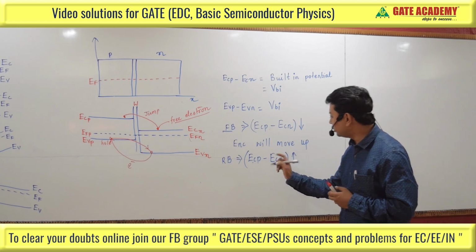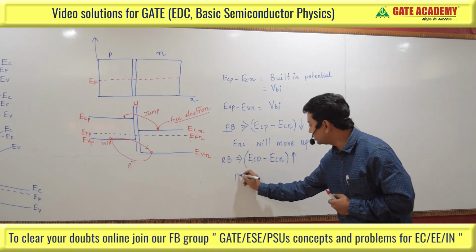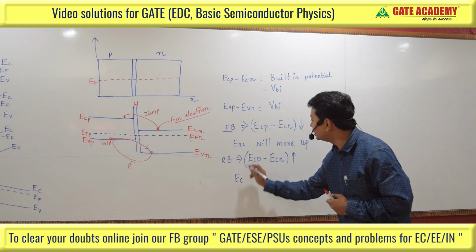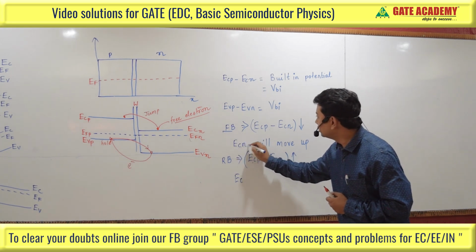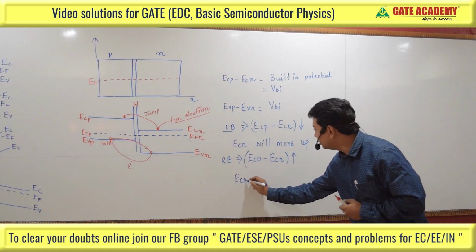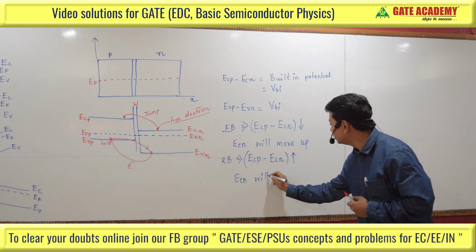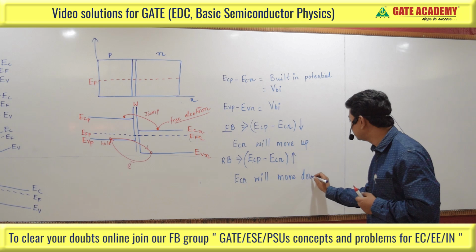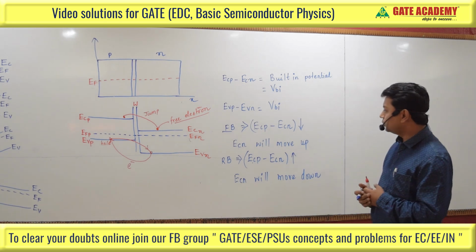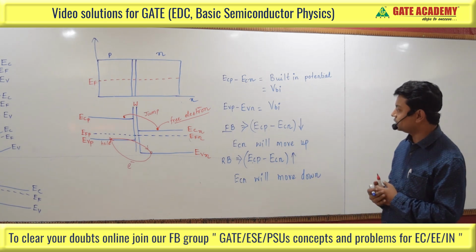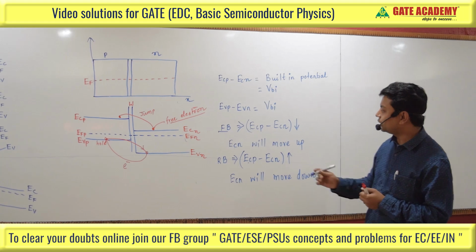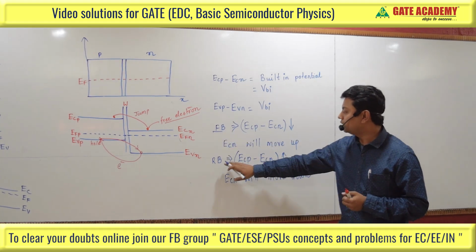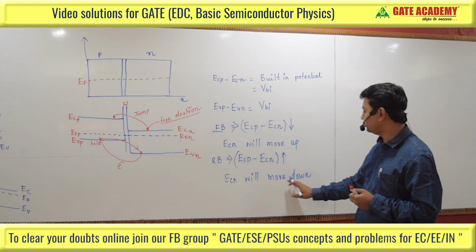Considering only the N side, here the ECN will move down. So from this discussion, we come to know that when it is forward bias, the ECN will move up, and when it is reverse bias, the ECN will move down.